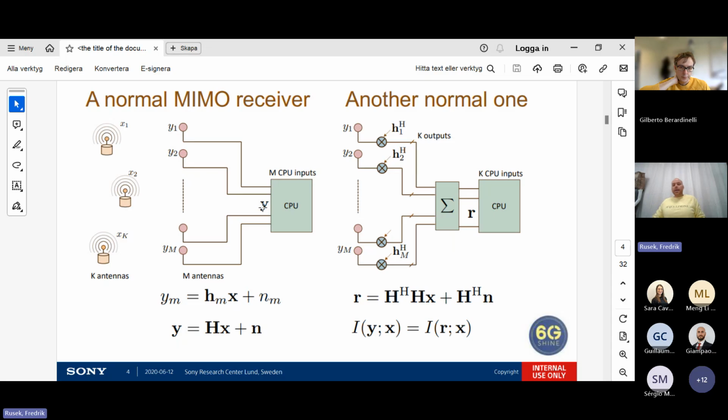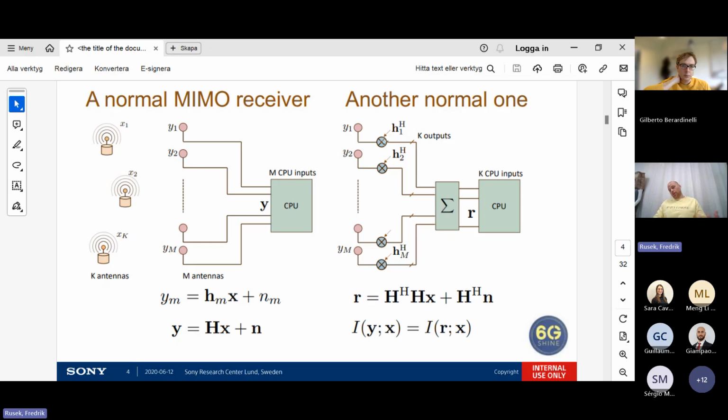Another completely normal receiver is to rely on MRC at the distributed units. Before you transfer your observation, if you are an antenna, you pre-multiply by a vector. This vector is the channel you have observed.